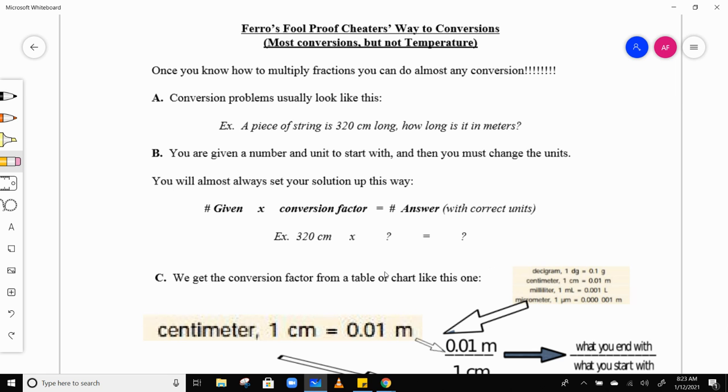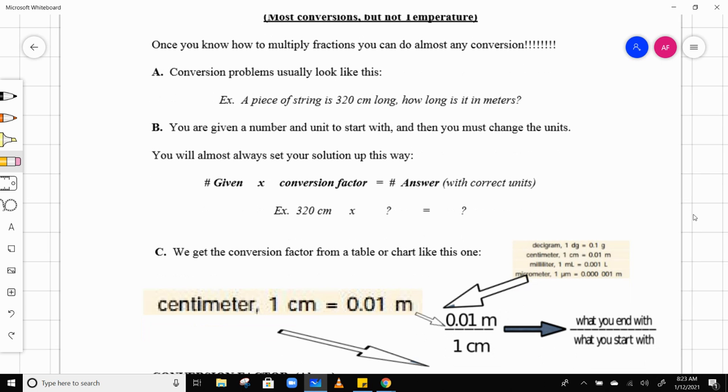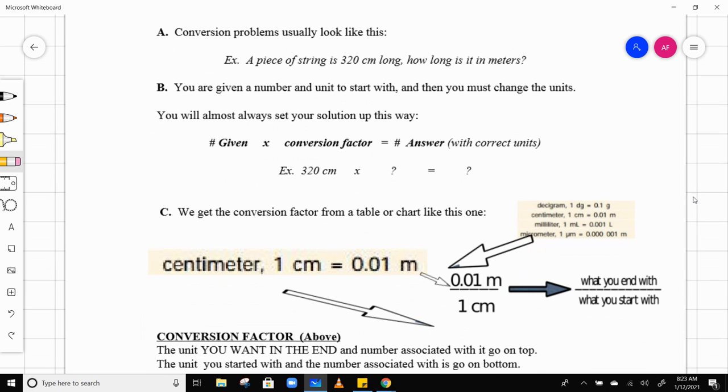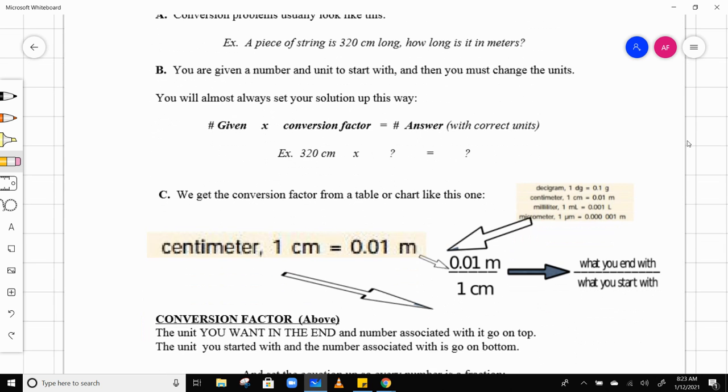We should always make sure that the units for the numerator of one fraction will cancel out with the denominator of the conversion factor.